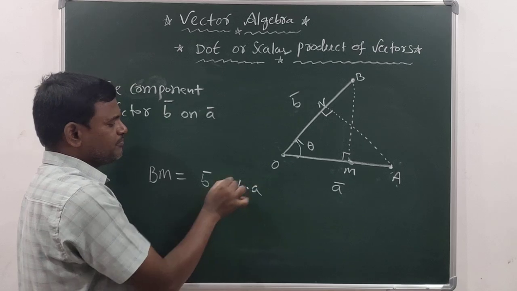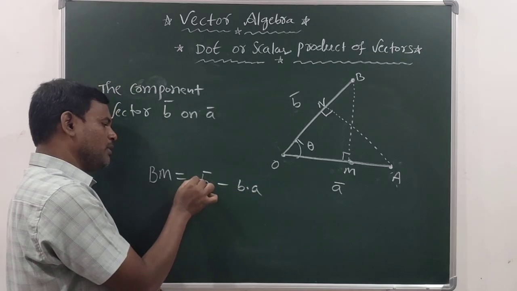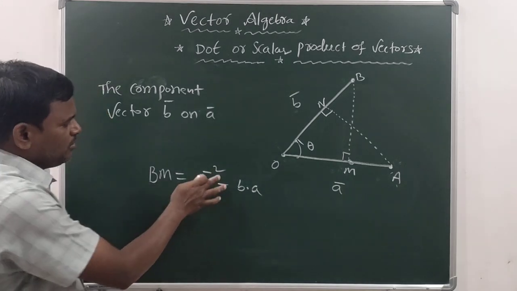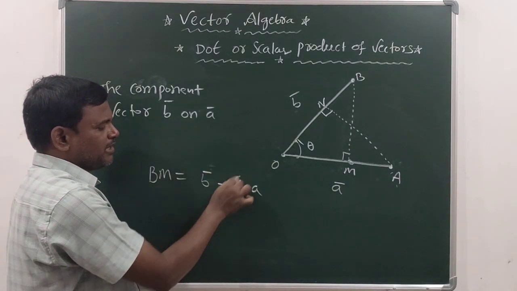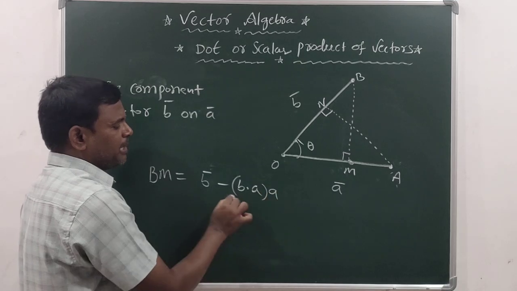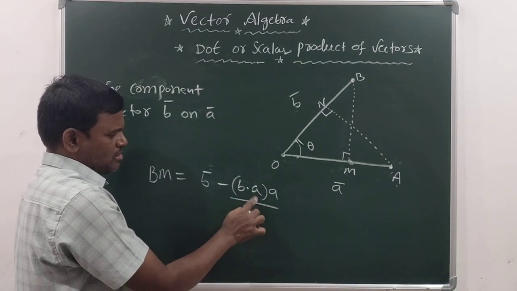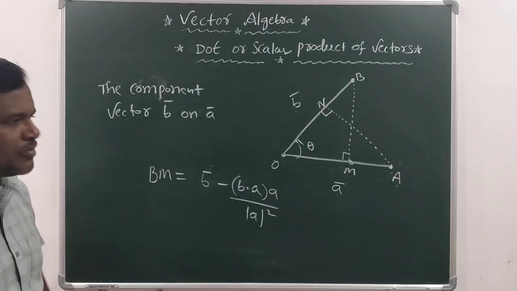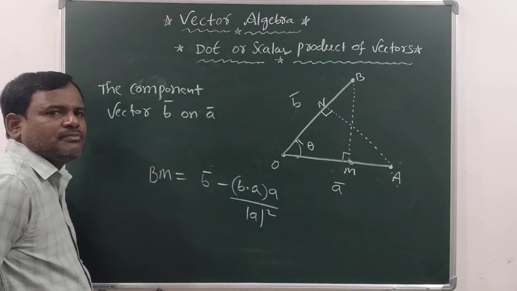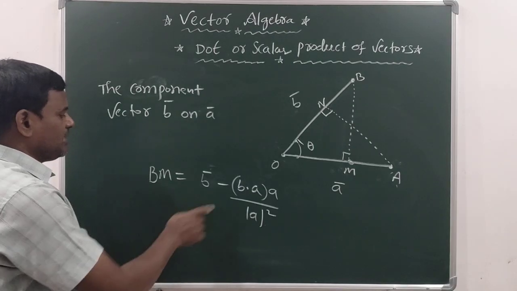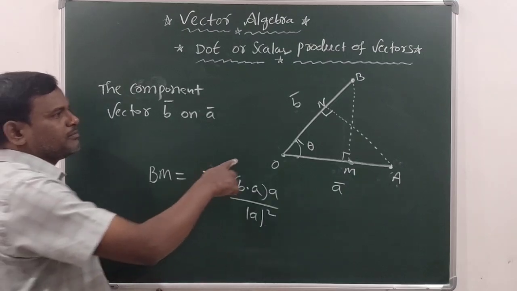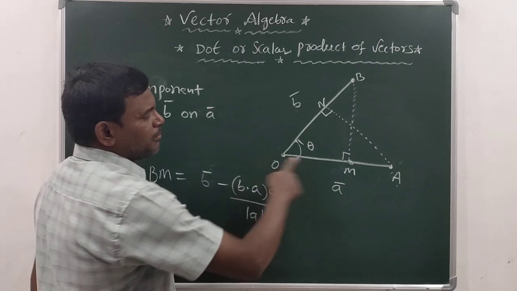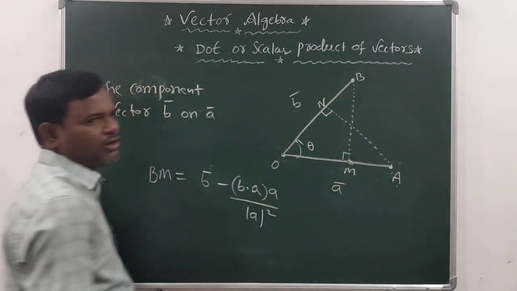Hypotenuse square means, see, B minus, and how much have we got for this? B dot A, magnitude of B whole square, or you can write B square. See, B minus B dot A by, down below, mod A whole square. Okay, students, so this is the vector, BM vector. So the projection of B in the direction perpendicular to A means BM, you want.